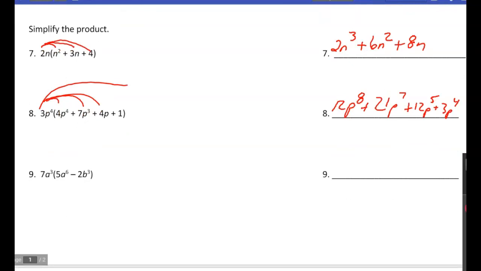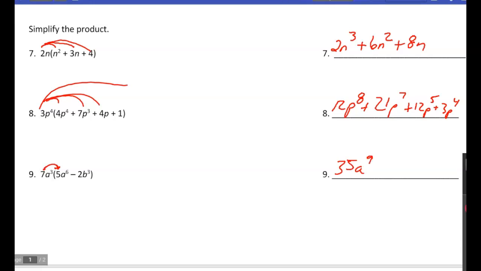Little trick here. So watch this. These a's I add together. So that's 35a to the 9th. No big deal.